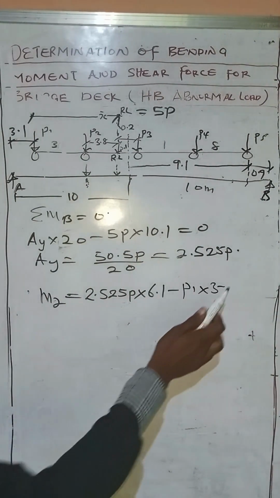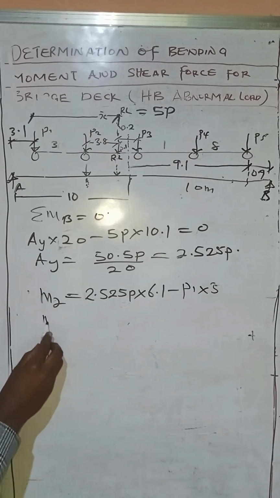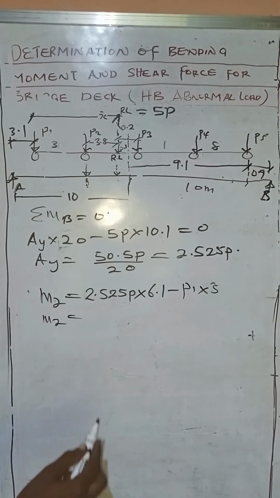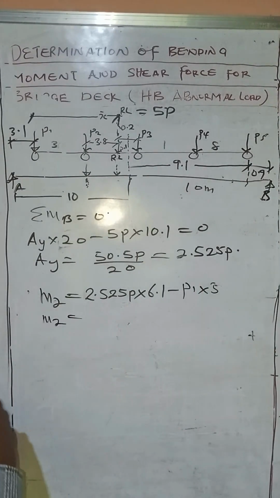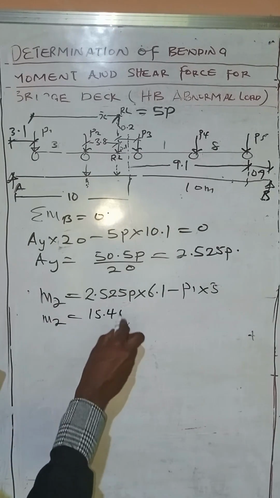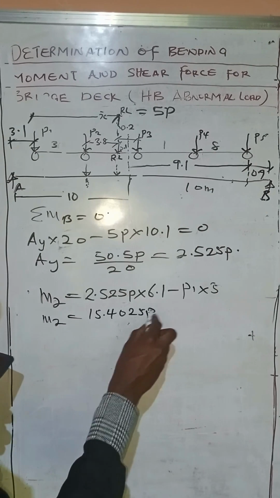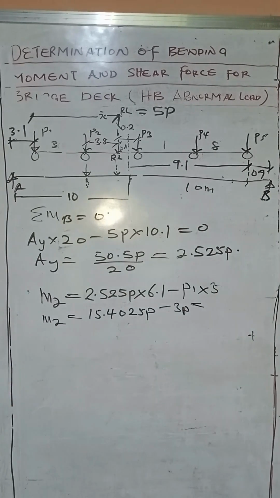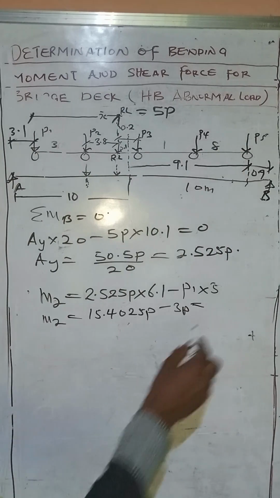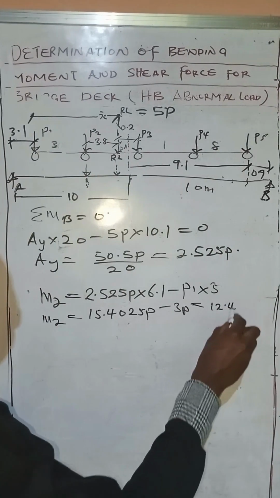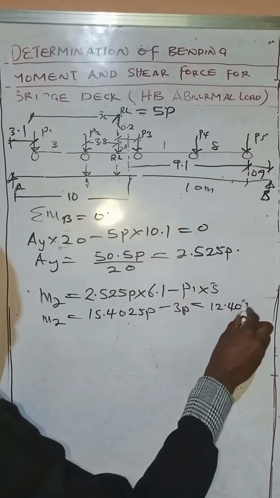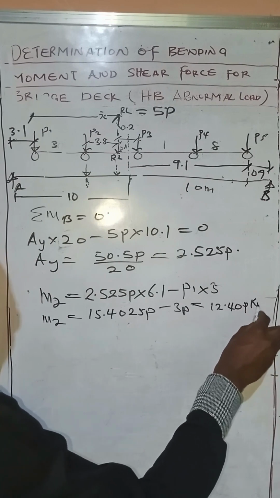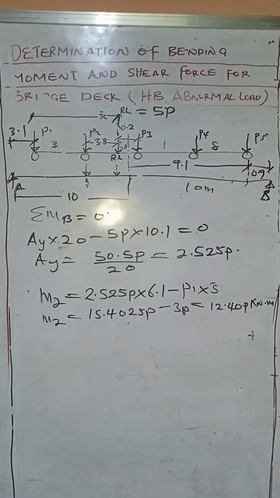So M2 becomes 2.525P times 6.1 minus 3P, which gives us 12.40P kilonewton meters. So that is the moment at point 2.